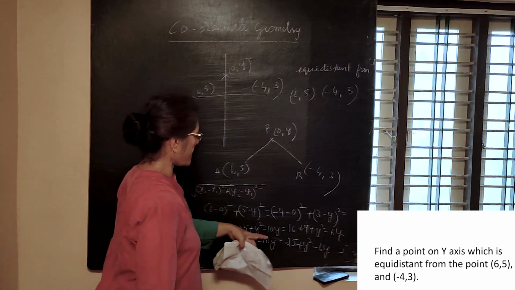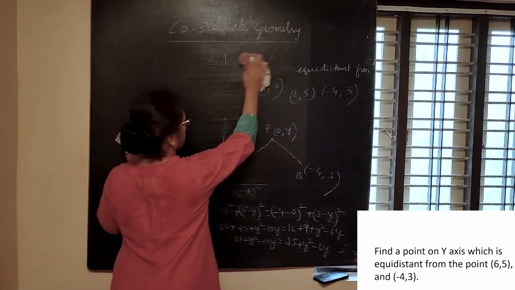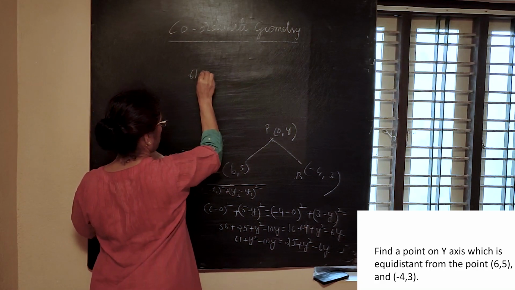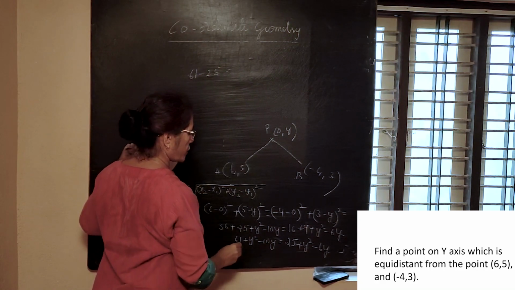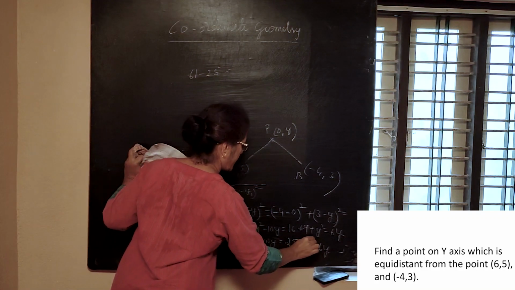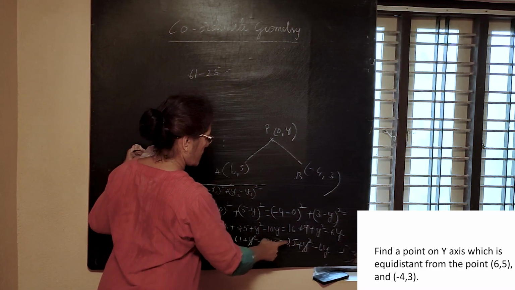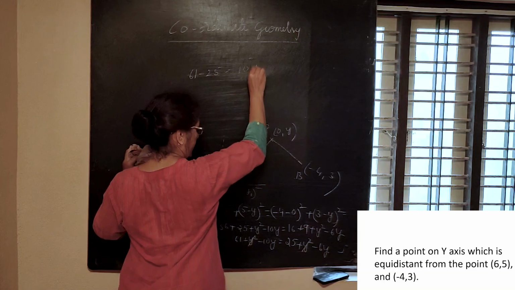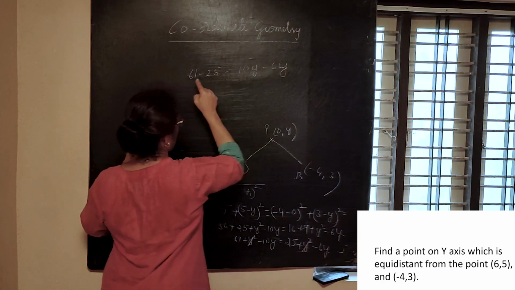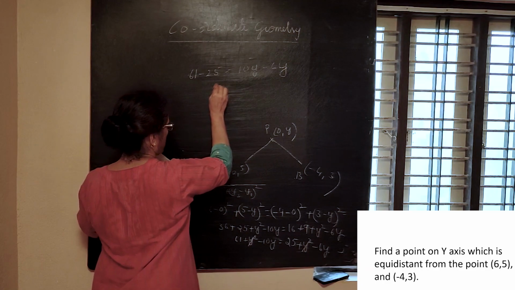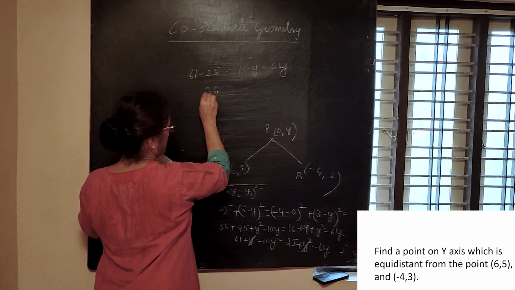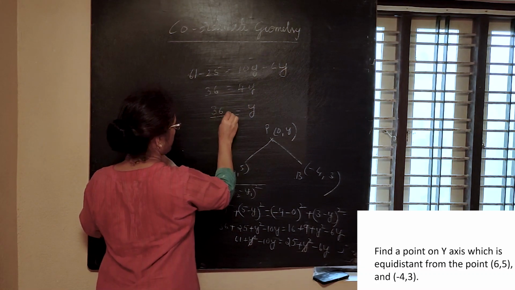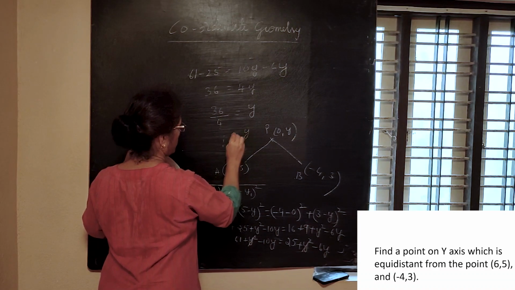So you get 61 minus 25, y square is on either side, 61 minus 25 is equal to minus 10y, let us take that side, 10y minus 6y. So 61 minus 25 is 36, which is equal to 4y, or y is equal to 36 divided by 4, y is equal to 9.